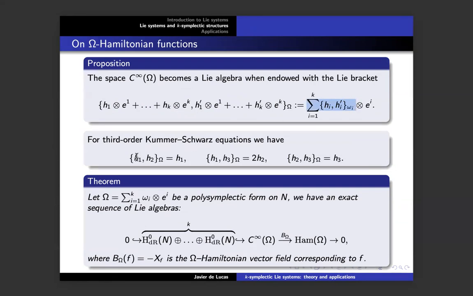And in the case of the Kummer's bars, what happens is that for H1, H2, this bracket gives H1, H3 gives you 2H2, and H2, H3 gives H3.